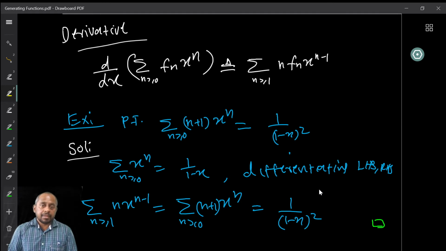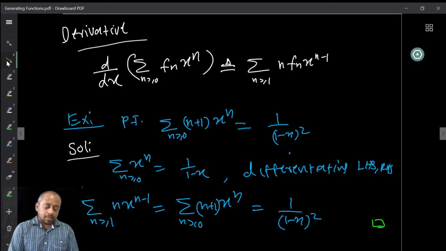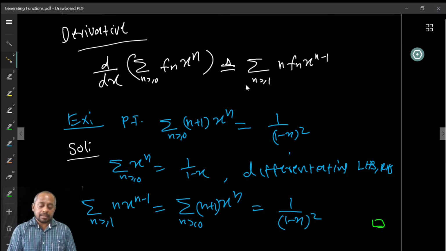Even though one can say that the derivative does not make sense because there is no interval in which the series we consider are convergent, so it may not make sense in the analytic sense, we can still consider this in the formal sense. So the formal derivative of the series is defined exactly like this. So d by dx of the sum of f_n x raised to n is the summation n greater than or equal to 1 of n f_n x raised to n minus 1.